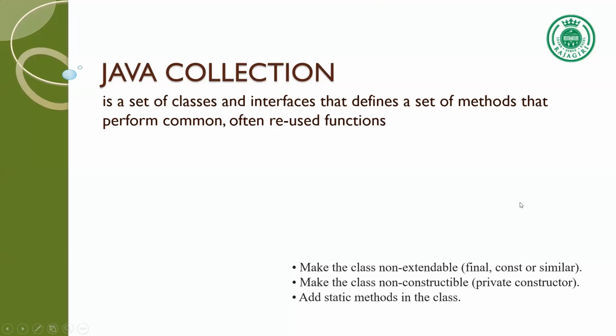Now, we will be learning in detail about Java Collection. As I told you, Collection and Collections are different. Collection is in Java util, which will take care of all your data structures. Collections will help you do manipulation on your data structures.